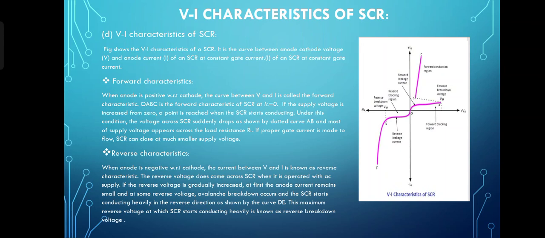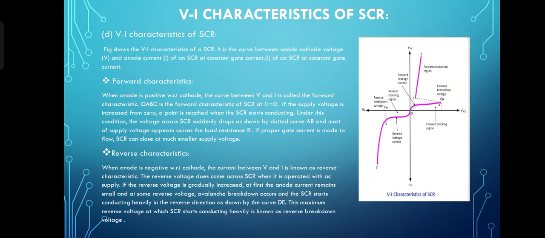There are two types of characteristics in SCR: forward characteristics and reverse characteristics. First, forward characteristics. When anode is positive with respect to cathode, the curve between voltage and current is called the forward characteristics. Here OABC is the forward characteristics of silicon control rectifier when gate current is equal to 0.